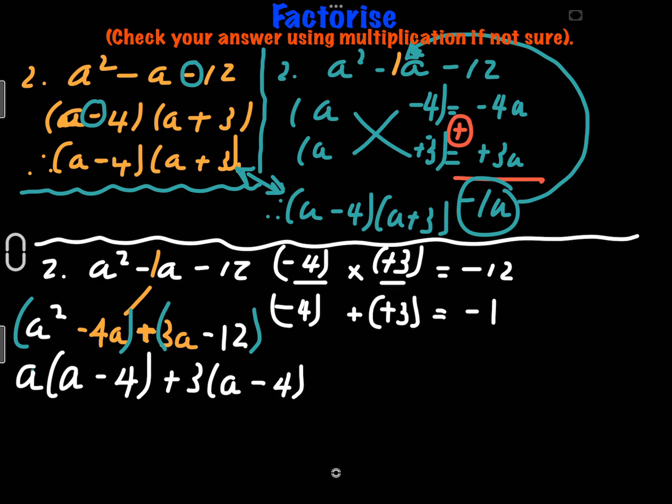So notice we have the same identity in the two parentheses. So we have a minus 4, which I'll just group in one parenthesis, and the other factor is a plus 3. That's our second parenthesis.